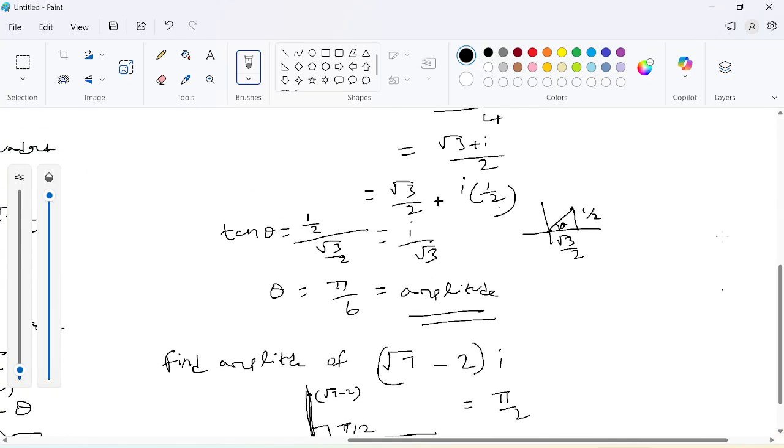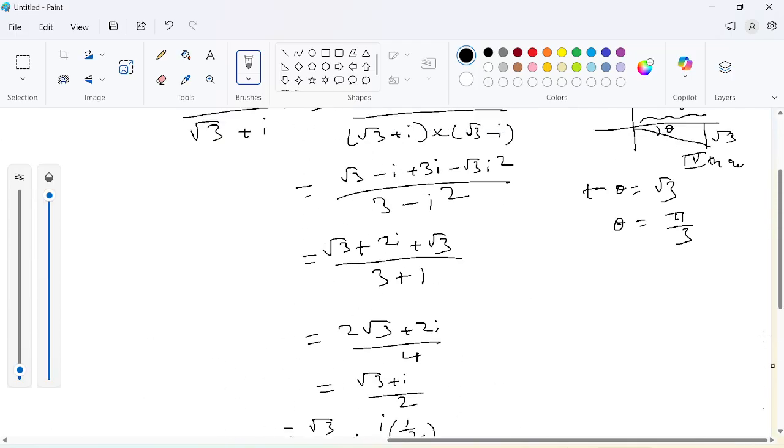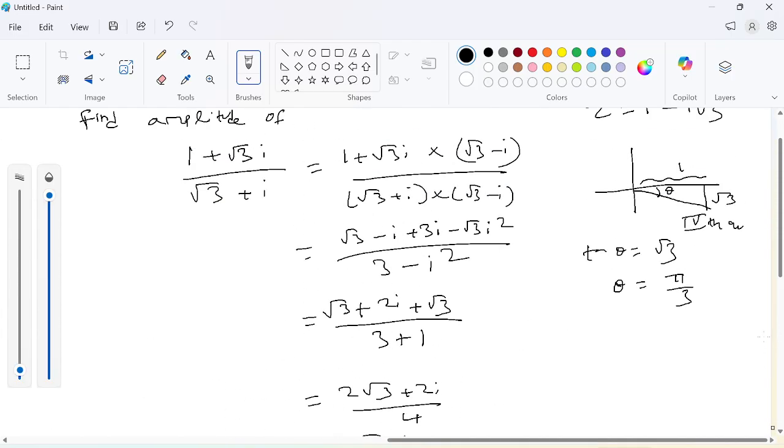So your amplitude will be minus pi by 3. Okay? This is how you have to write.